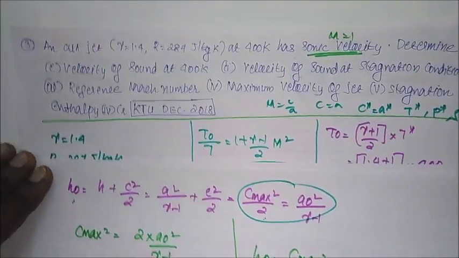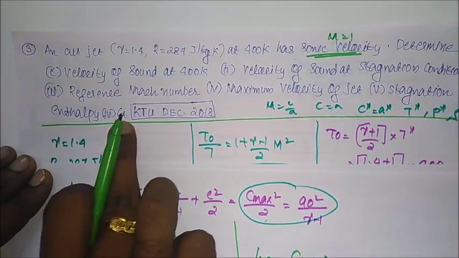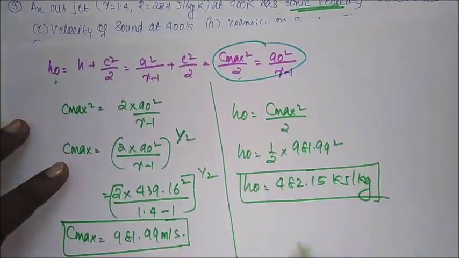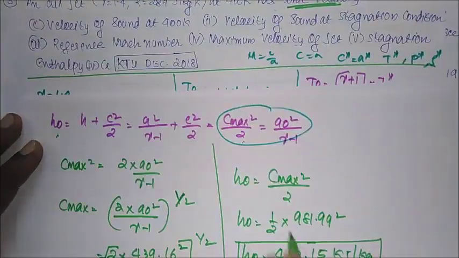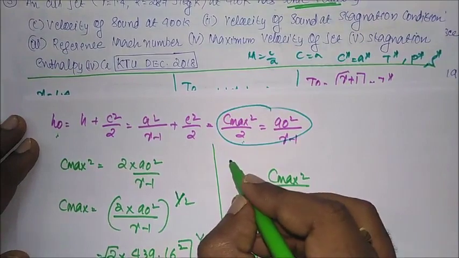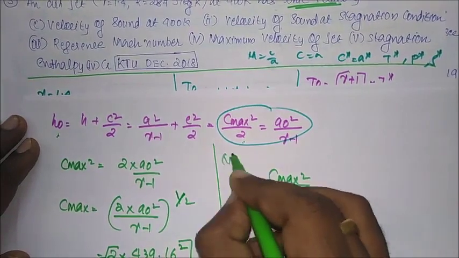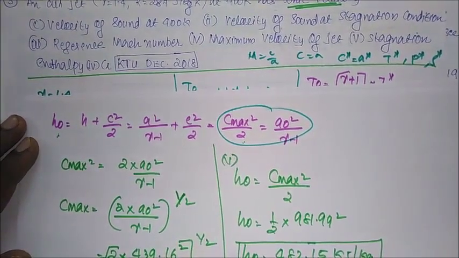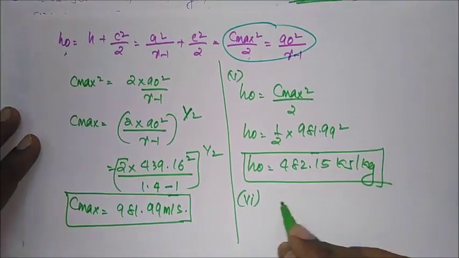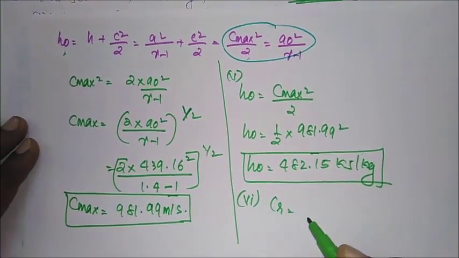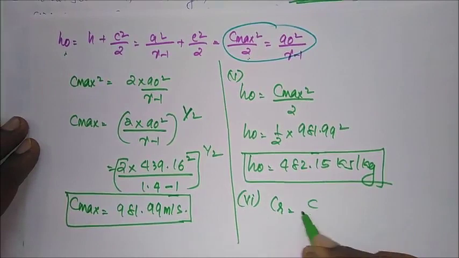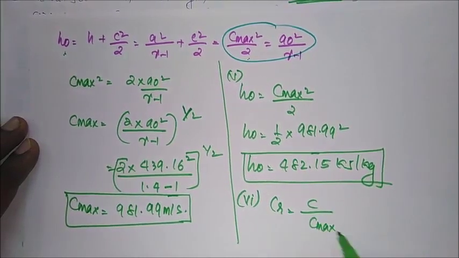Okay, next one. What is the value of the Crocco number? This is the fifth and last one, after the stagnation enthalpy. We know that the Crocco number is the ratio between the fluid velocity and the maximum attainable fluid velocity.